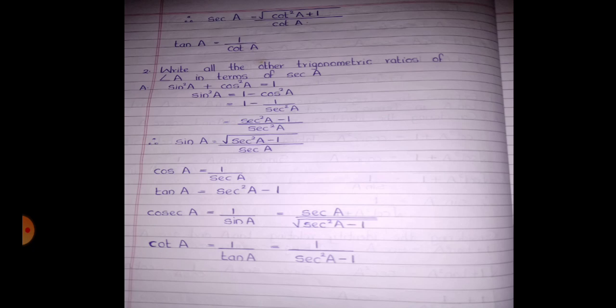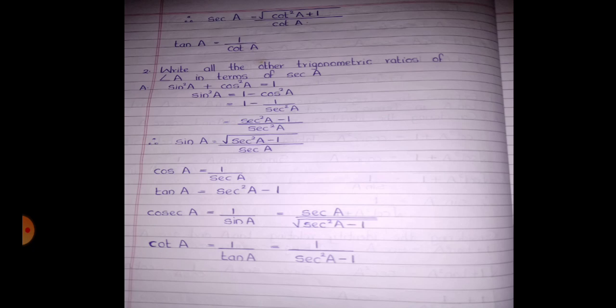You can see that cos square A, I wrote it in terms of sec square A. That is 1 minus 1 by sec square A. Sin square A is equal to sec square A minus 1 by sec square A.